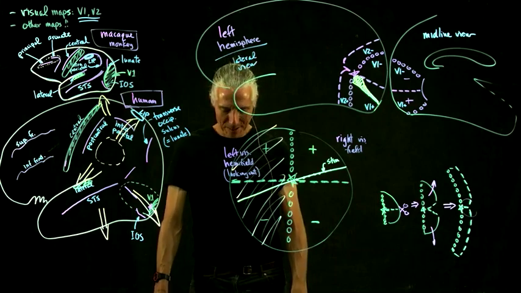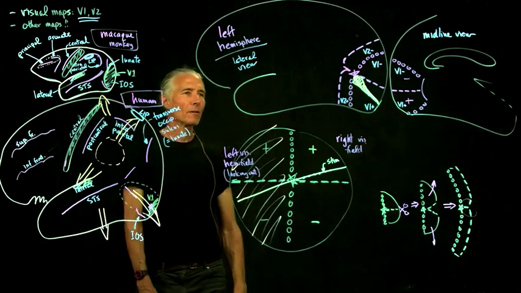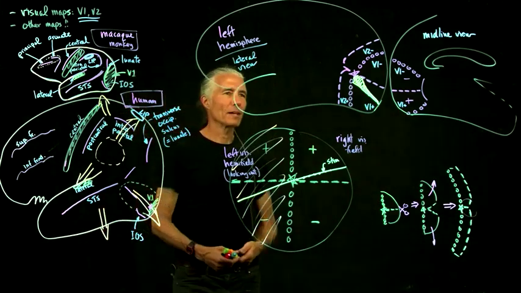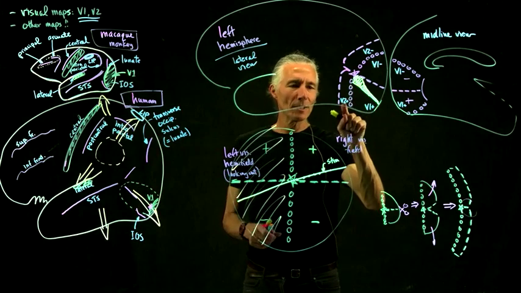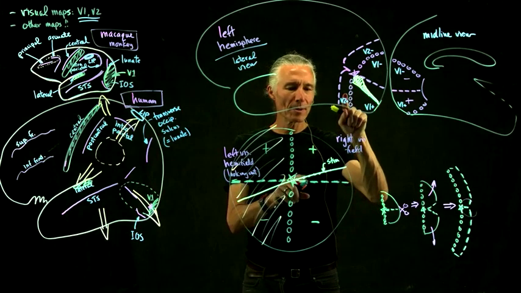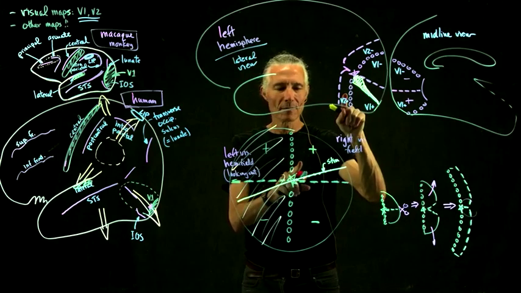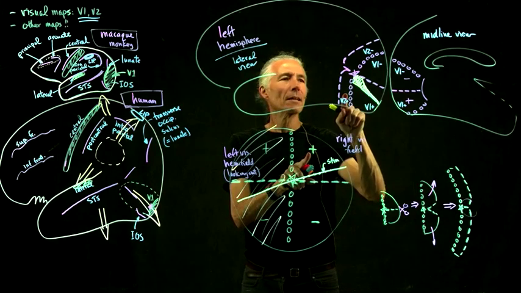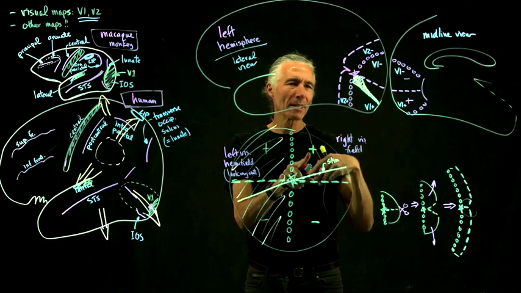Now, what happens in V2? In V2 we can say the same thing. So let's start in V2. Here's V2 upper. That V2 upper is going to correspond to this plus quadrant, and V2 is going to get an expanded fovea.